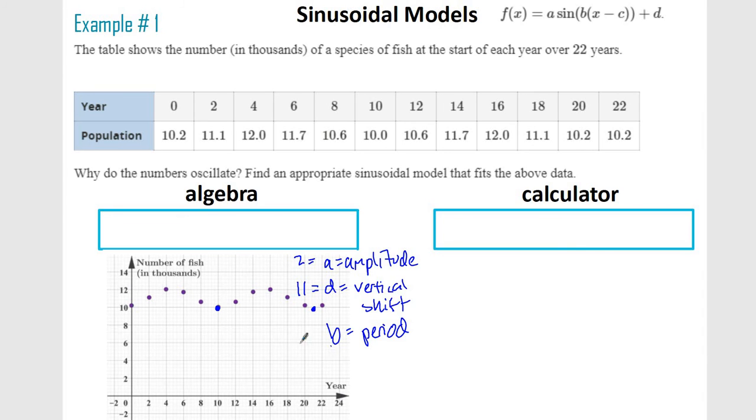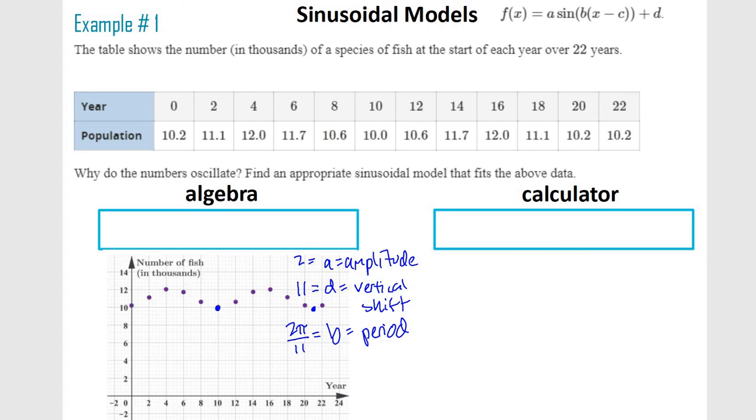That is a change of 11 years, so the period is going to be 2 pi divided by that distance, because it's supposed to repeat every 2 pi.